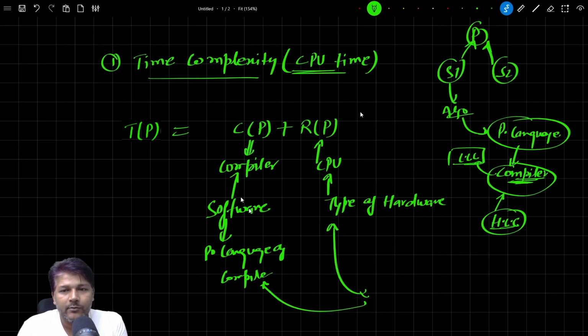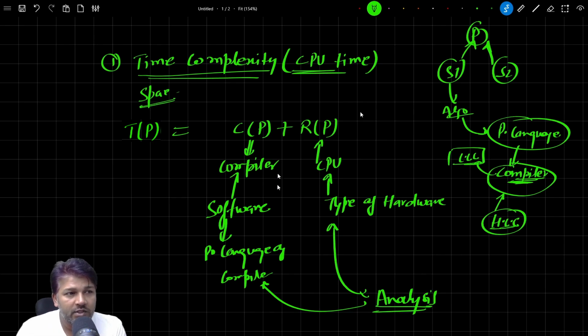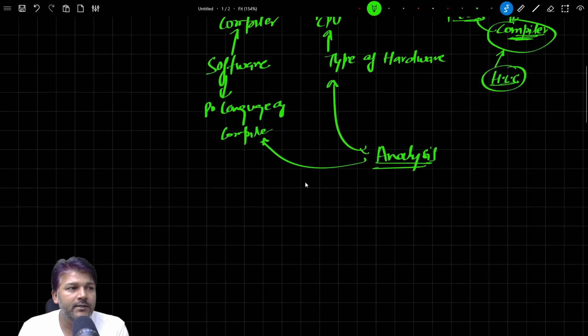One is time complexity, another is space complexity. If we particularly talk about time complexity, we are going to analyze this compile time and then run time. That is called analysis, right? To do this analysis, there are two possible approaches. One is a posteriori analysis and the other is a priori analysis.